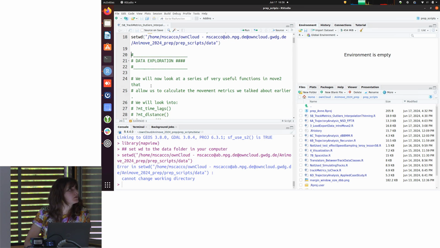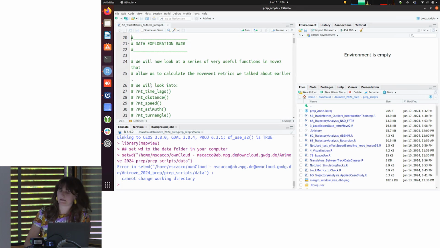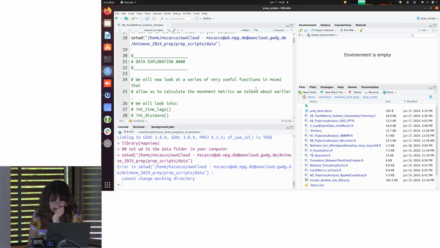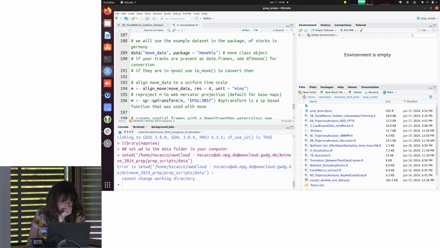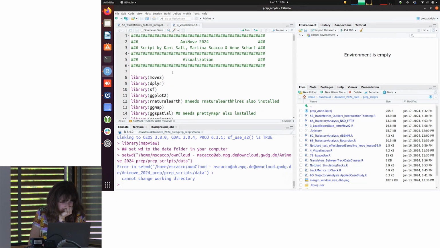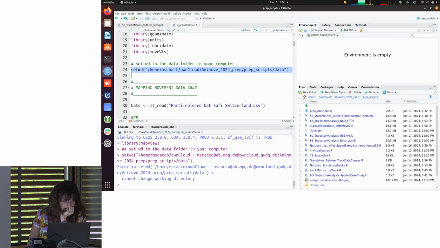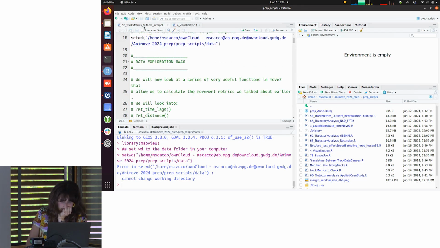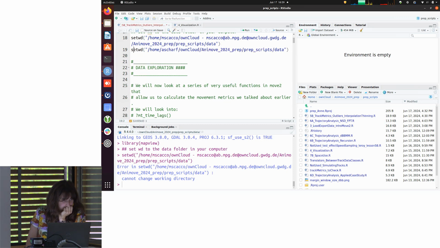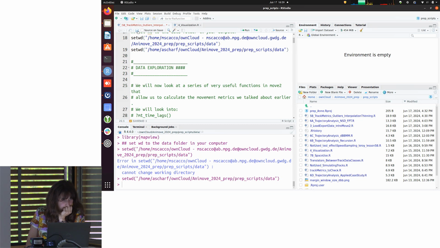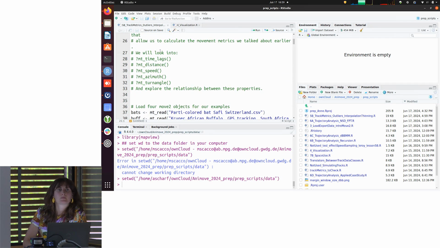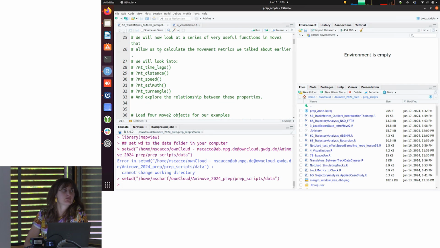Open the visualization script and there you just copy mine. Did you all find the script?